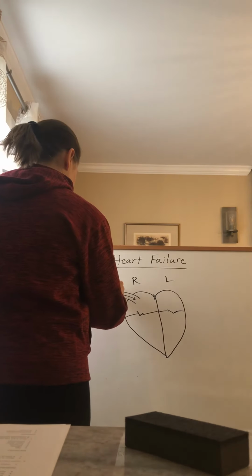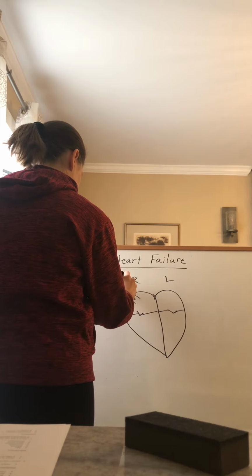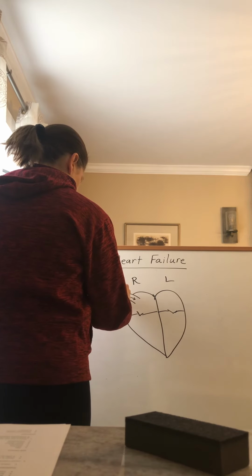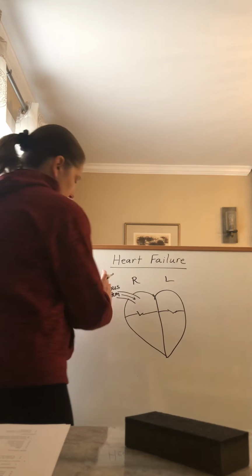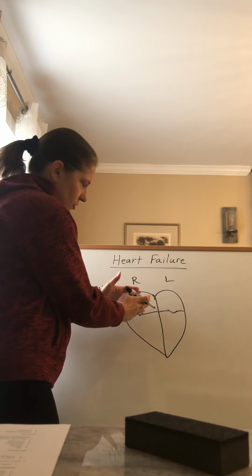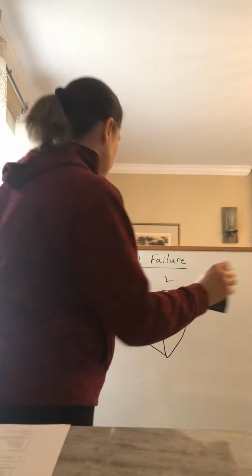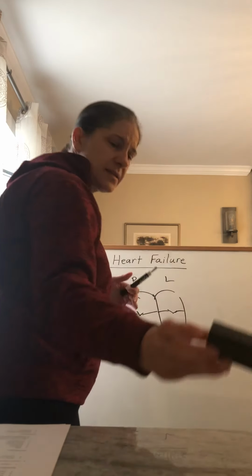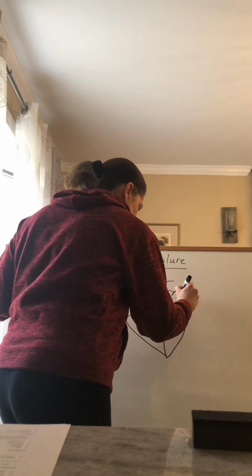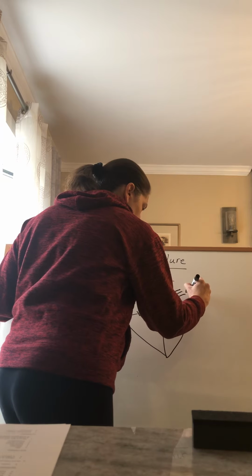So it's coming from your veins. Blood is going to empty from the venous system into the right atrium and then move into the right ventricle and then be pumped out to the lung. On the left-hand side, blood coming into the left atrium is coming from the lung.